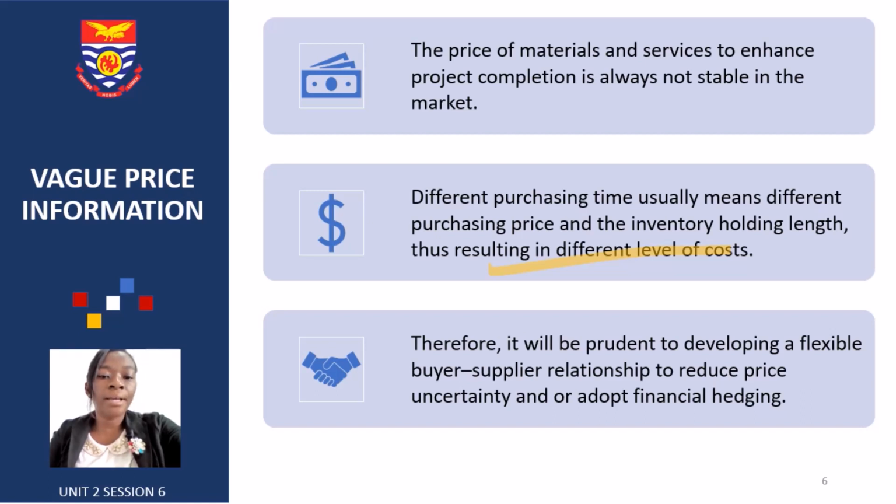If you go and buy X today at 2 cedis, you may not meet that same 2 cedis the next month when you go and buy. And so you realize that the time at which you purchase a thing gives you different prices for the same thing.